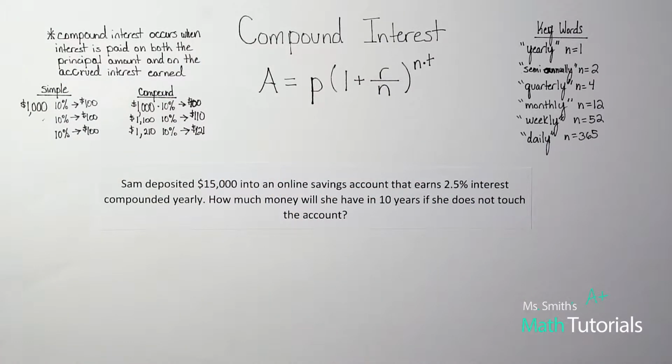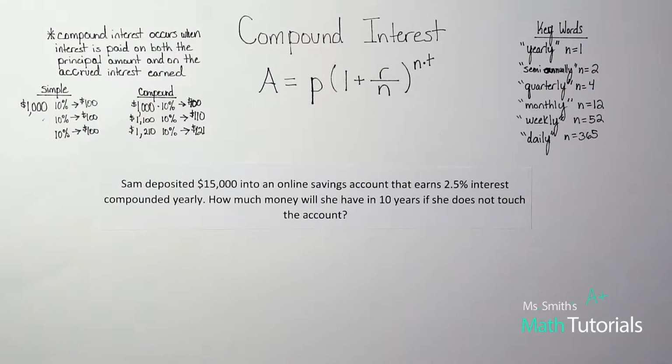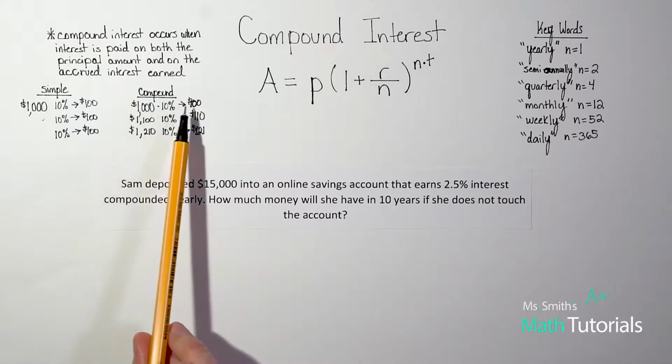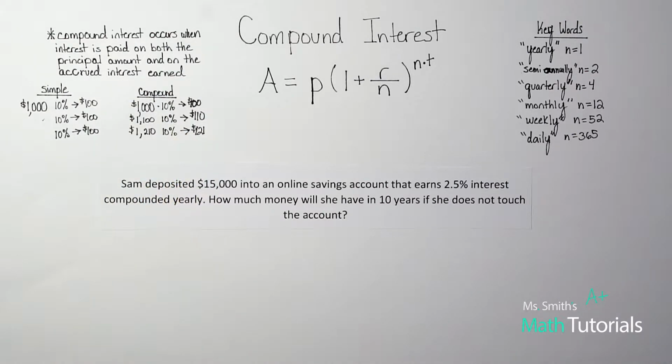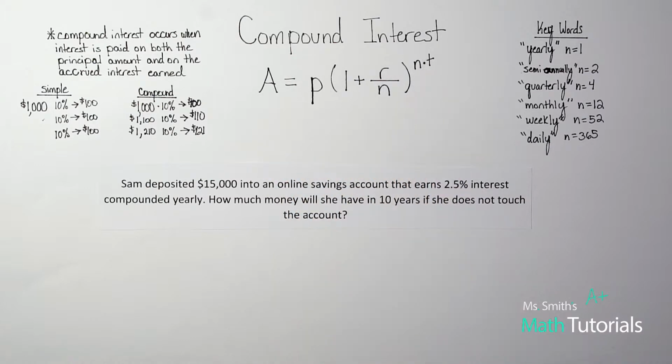So that just shows you a little simple example to show you simple interest where we're just earning the same amount every single time versus compound interest where our amounts are increasing every month, which is a great investment strategy. We do have a formula to help us find compound interest, and it's pretty straightforward.